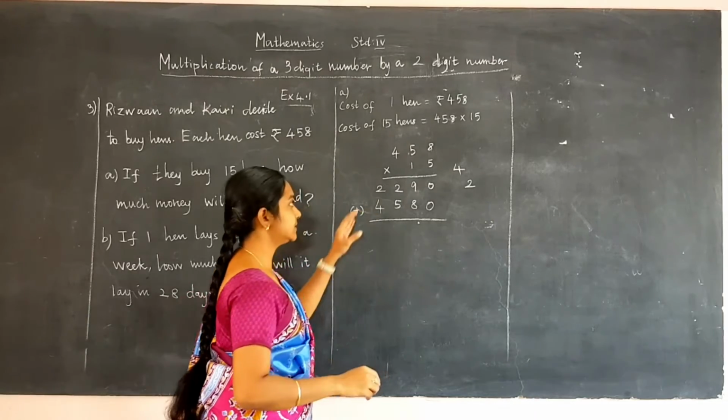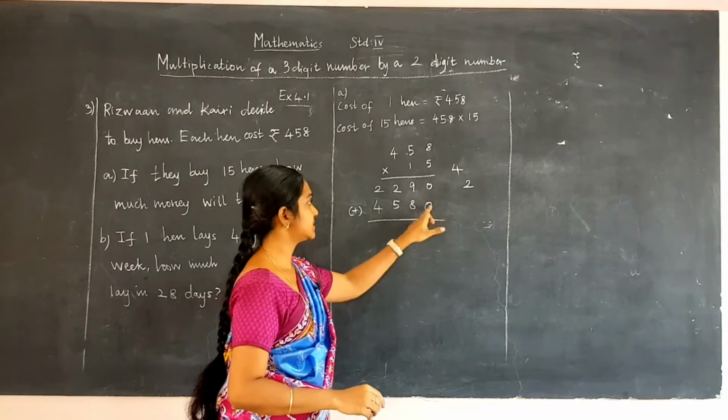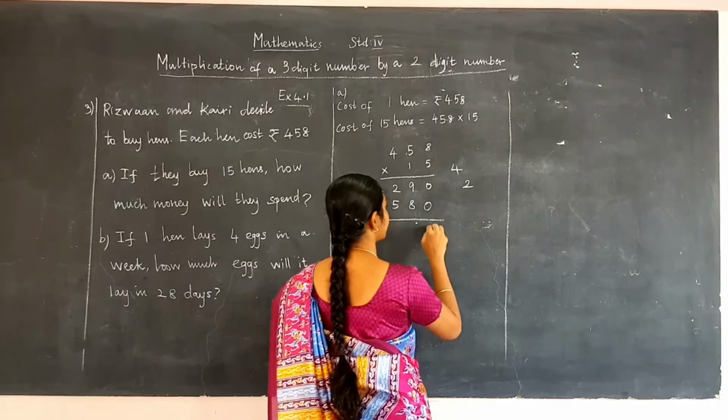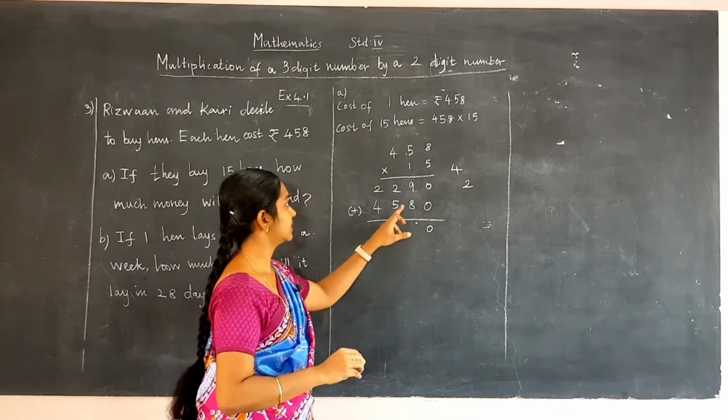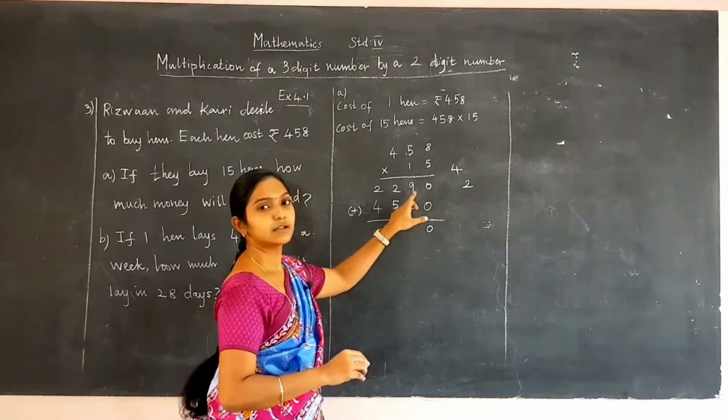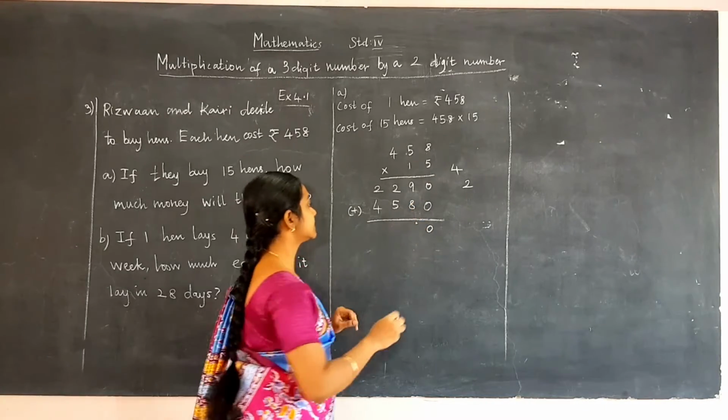We have to add these two lines. 0 plus 0 is 0. 9 plus 8 is 17.